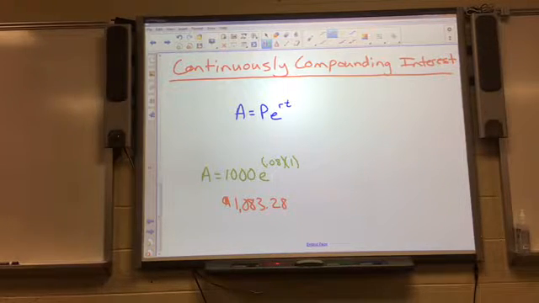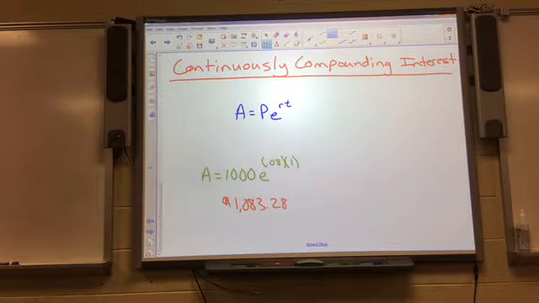Okay. 1 year compounded continuously actually ends up to be the same amount as compounded daily. Okay, that would be part C. But it's more than B and A, right?